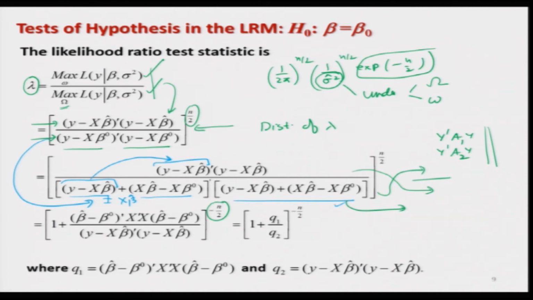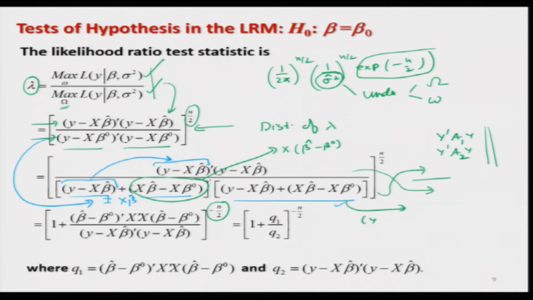And if you take the common x outside here, this will become beta hat minus beta naught, right. So, if you simply open it here, you will get two terms.